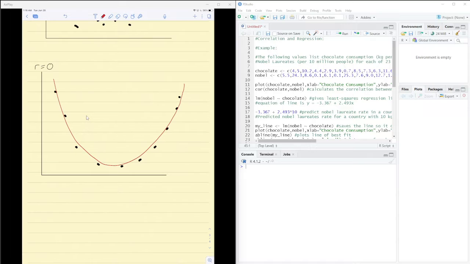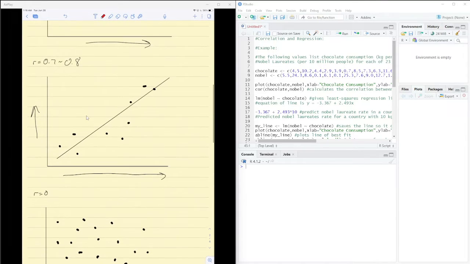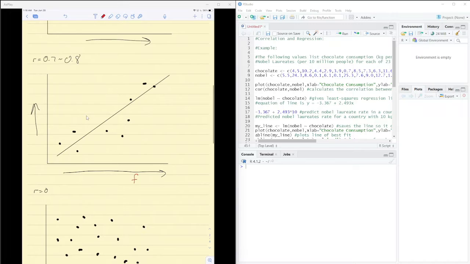And another thing is, if two variables are correlated, that doesn't necessarily mean that one causes the other to happen. For example, if this was the length of your foot, and this was the length of, say, your index finger, your pointer finger.